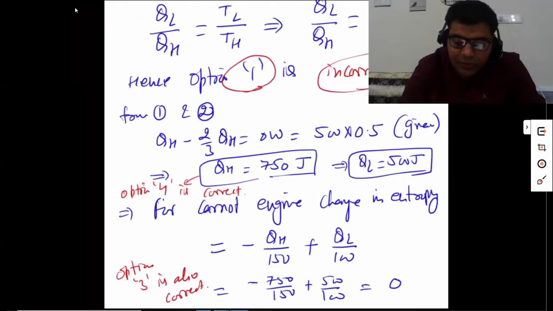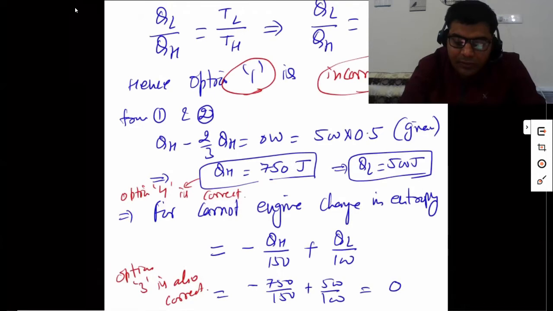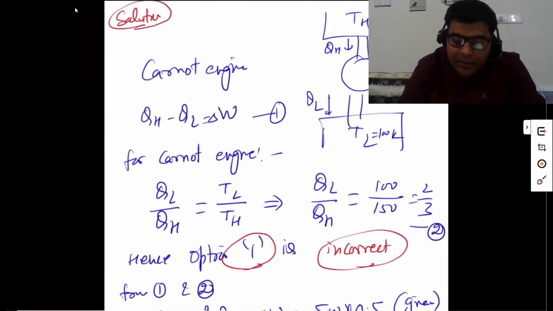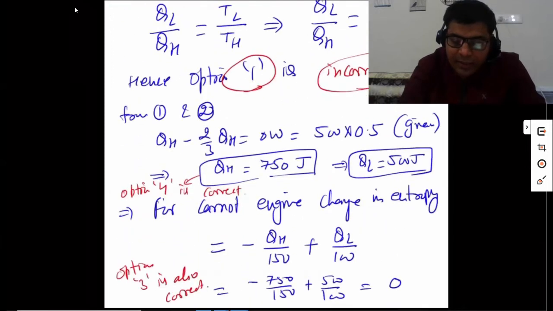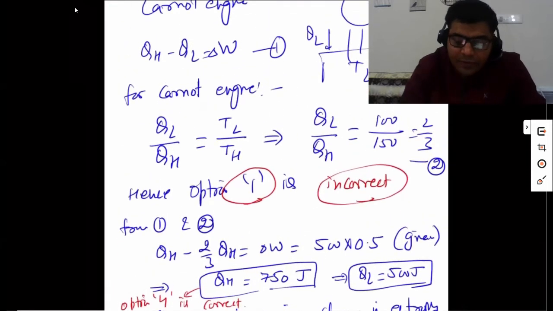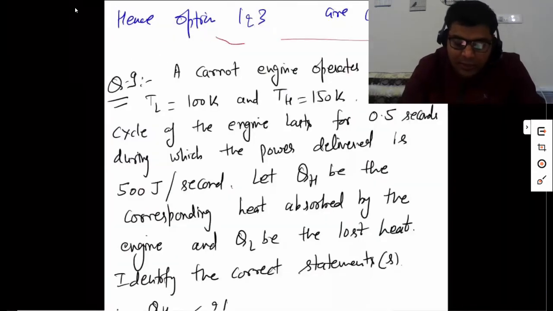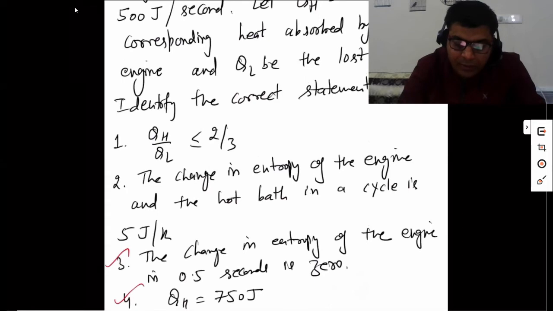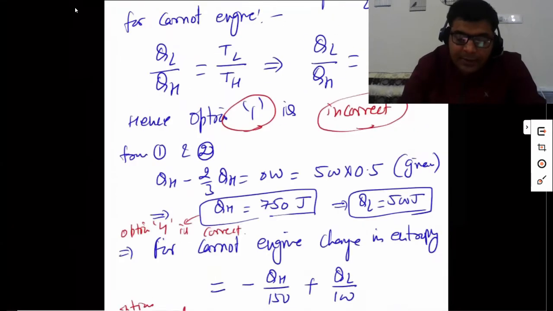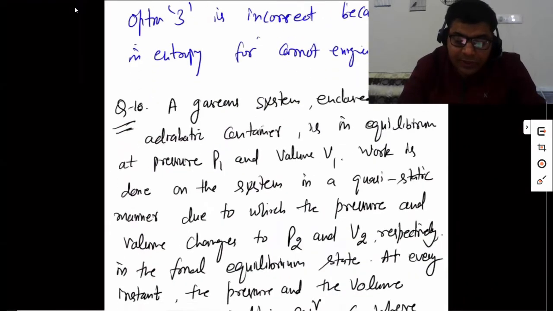So the change in entropy will be minus QH over 150, and similarly the QL amount of heat is being absorbed by the sink at the temperature 100 Kelvin. If I calculate this, the summation of the two comes out to be 0. So the change in entropy for the engine should be 0. So the third option seems to be correct, third and fourth. Okay, so let's go to the next question.